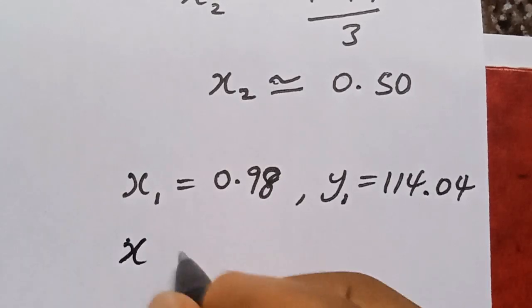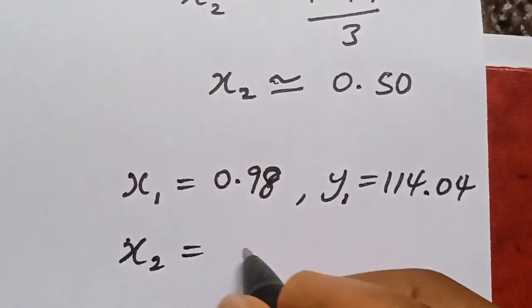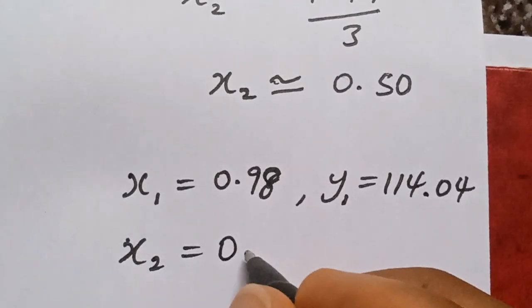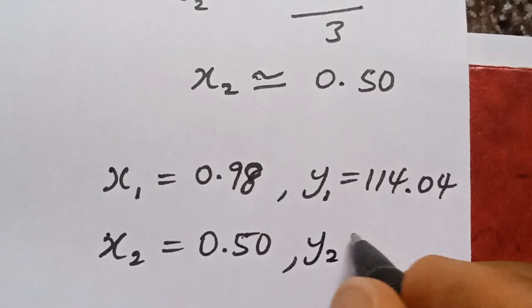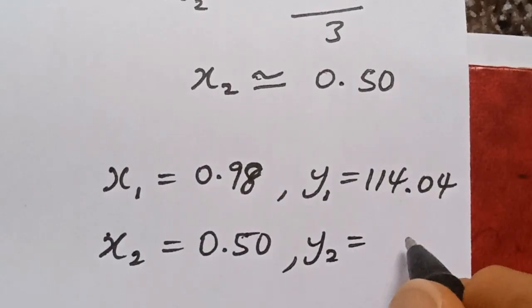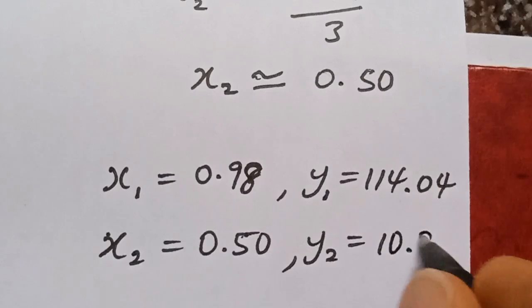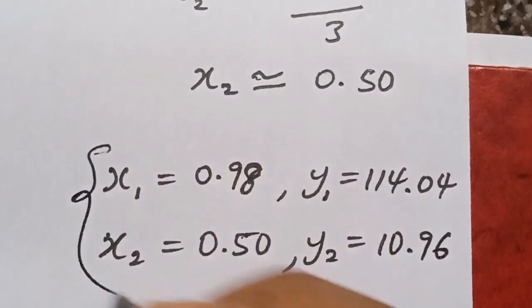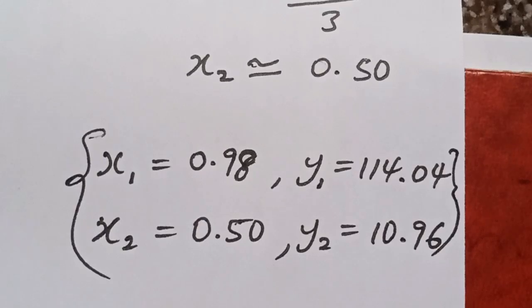Likewise, when the value of x equals 0.50, our value of y is 10.96. These are our positive values of y and x.